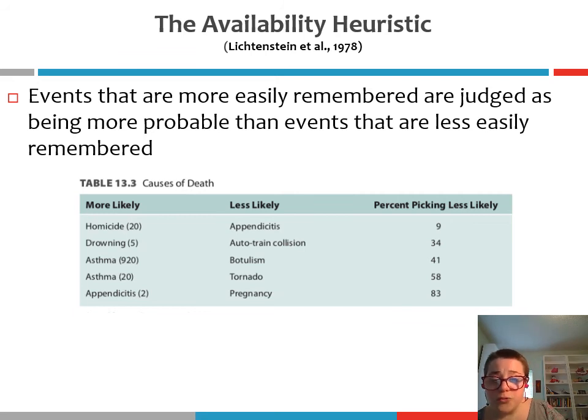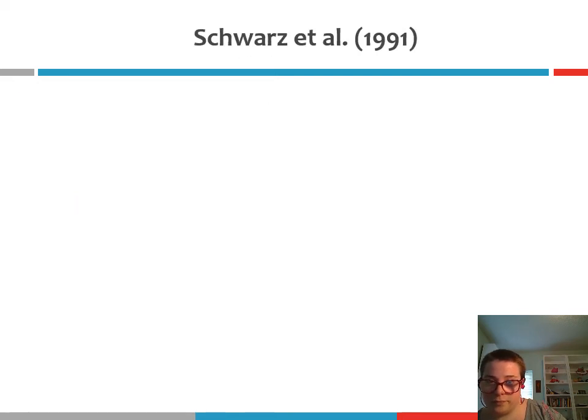Okay, so let's look at some other examples of the availability heuristic. So we looked at, for example, estimates of the likelihood of causes of death and also the relative prevalence of various words and so forth.